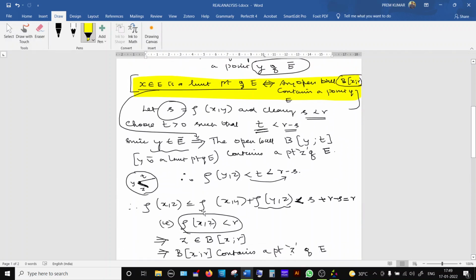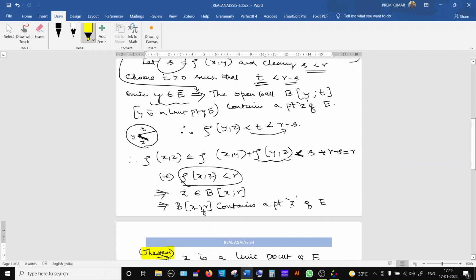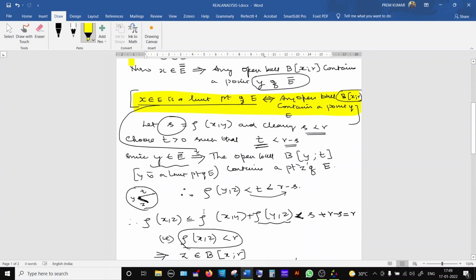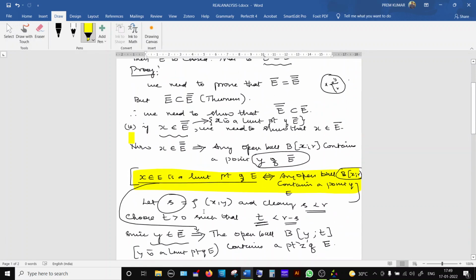And also, this implication also, we use the theorem. What theorem is it? This shaded one, this result. Because X is a limit point of E, then any open ball, we use the other way. The necessary and sufficient, both the things we used in this theorem.